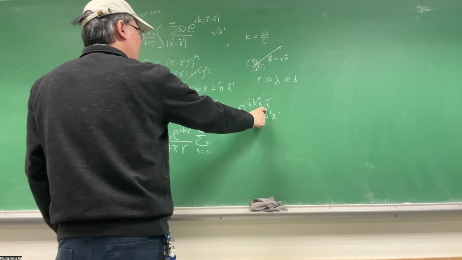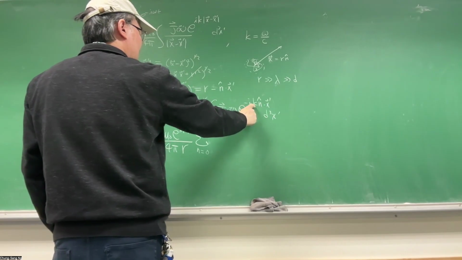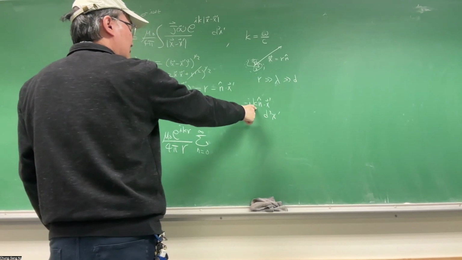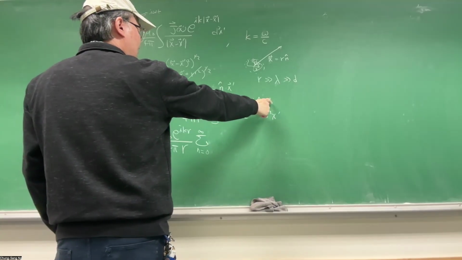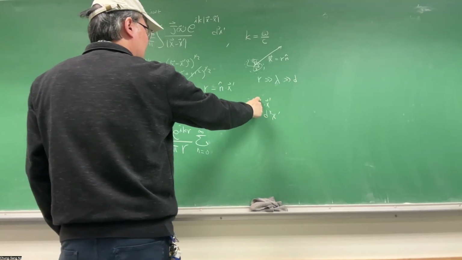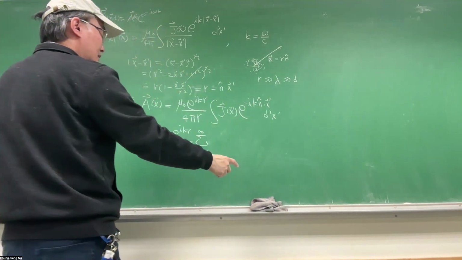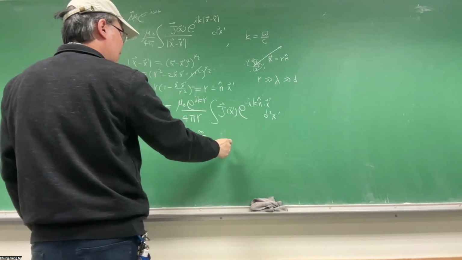But then this quantity has two factors. k doesn't depend on x prime, so you can pull that out. The only thing that depends on x prime is this n unit vector dot x prime, and that needs to be kept inside the integral.